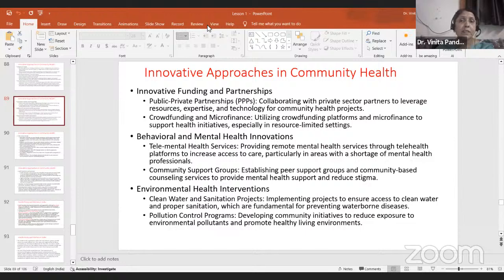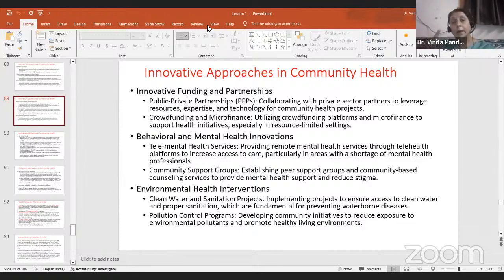Mental health concerns can happen with anybody and everybody. But even today, I'm sure you all will agree with me that in rural areas, in tribal areas, people are hesitant to talk about mental health issues. They think that any kind of mental health issue means the person is mad and has to be put in some kind of mental asylum.